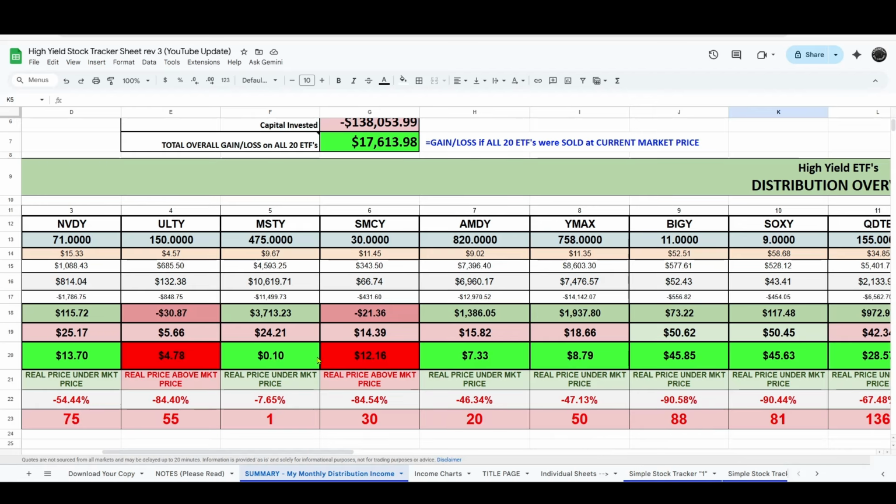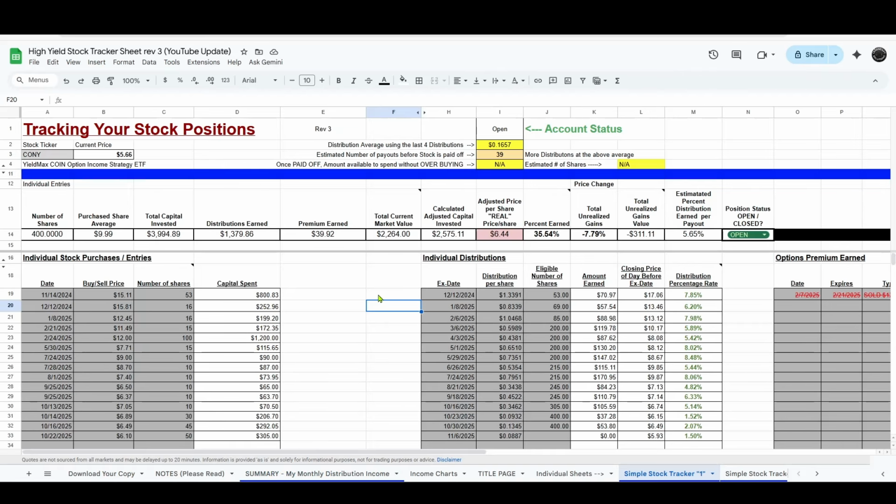Now, you do not have to populate anything through here. All of this is auto-populated. All you have to do is fill in your sheets just the same as you have been doing. You have your ticker symbol, you enter in your stock purchases, and then you enter in your individual distributions right here, and any option premium over here that you may be in.